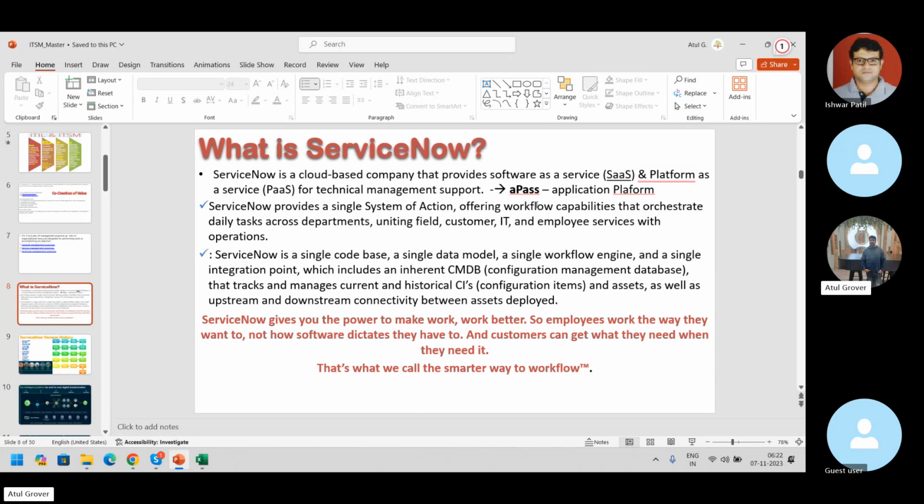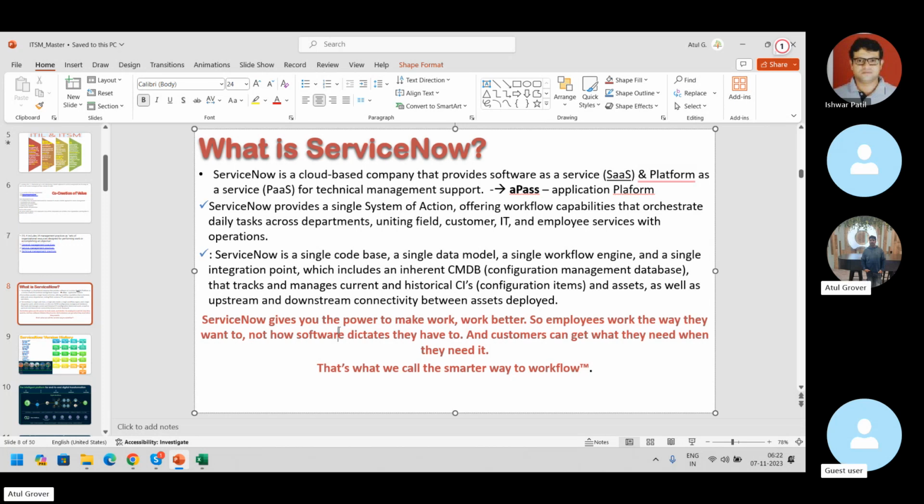You can do automation with the flow or workflow capability, which can be across departments: customer, IT, employee services, etc. In the upcoming slides, I have some later slides as well, which give you a little clearer picture. OK, now I'll drop this one. I'll pick this up in the next slide.